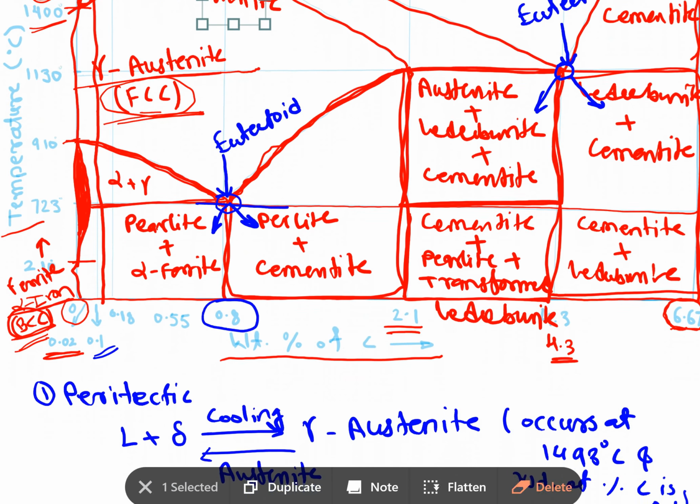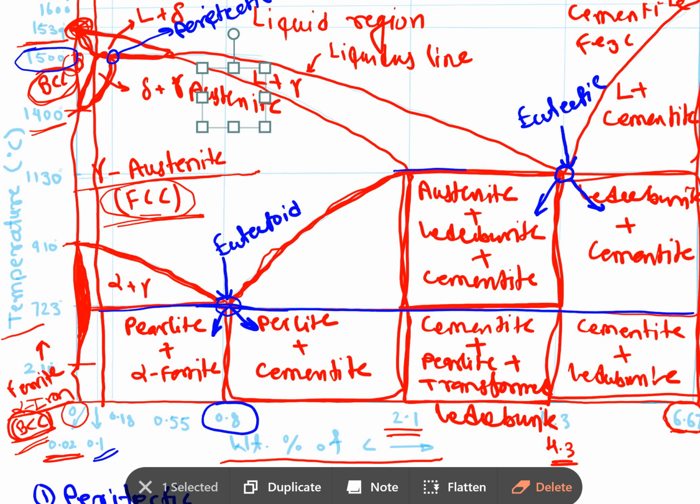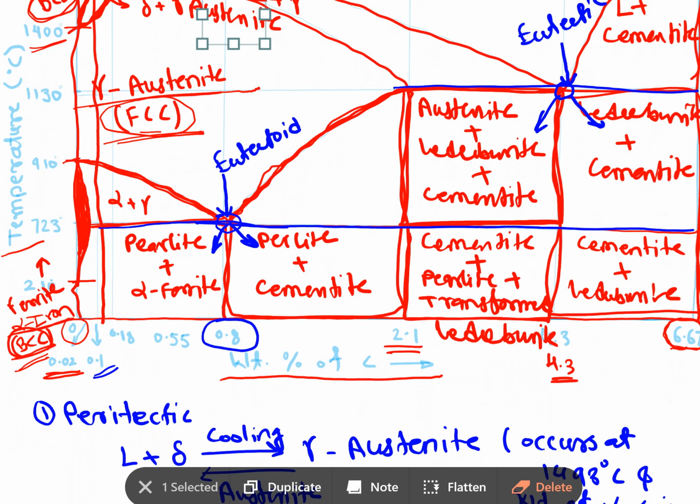An easy way I will tell you: remember how many horizontal lines there are. This is one, this is one, and here is also a horizontal line. These transformations occur isothermally. So 3 horizontal lines, 3 reactions, 3 transformations.